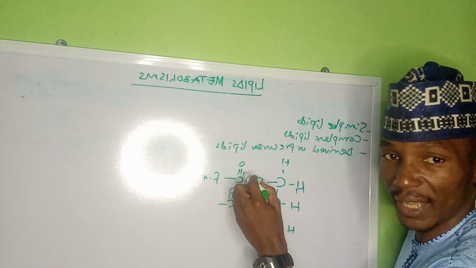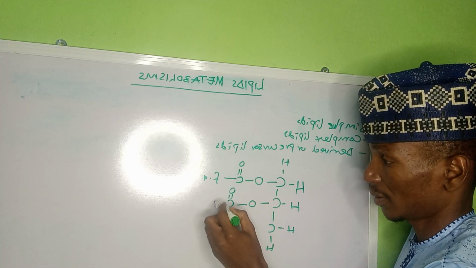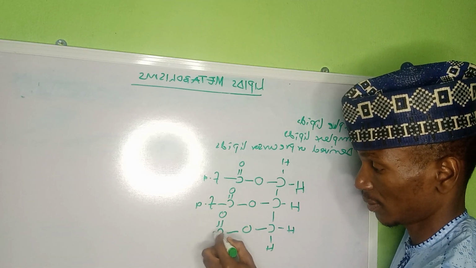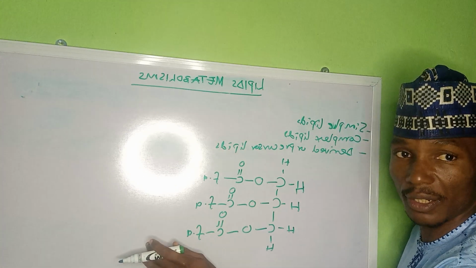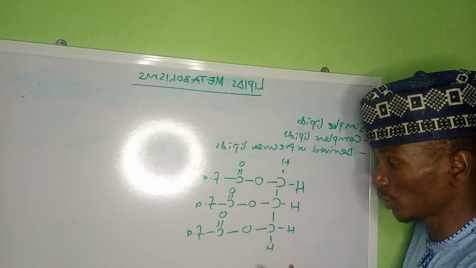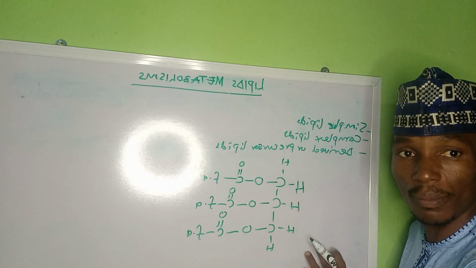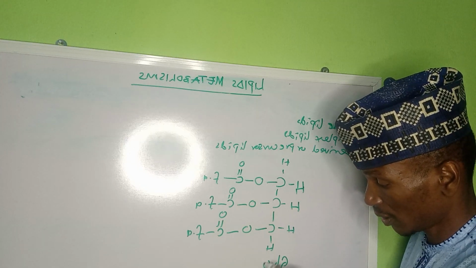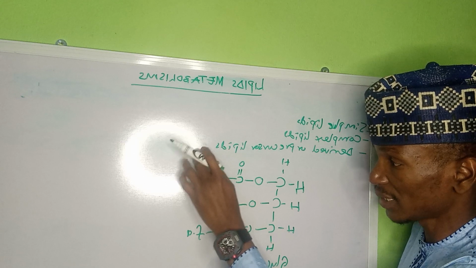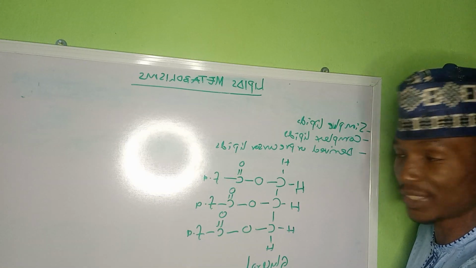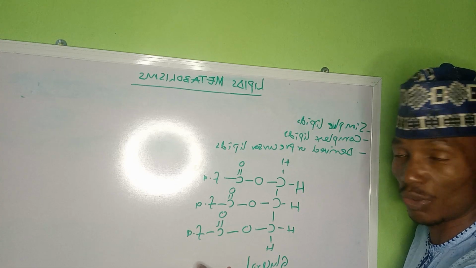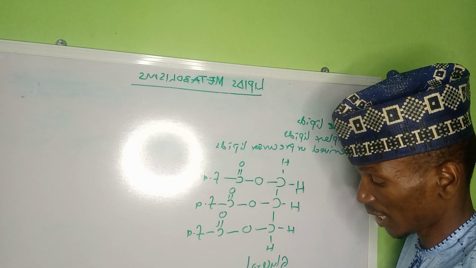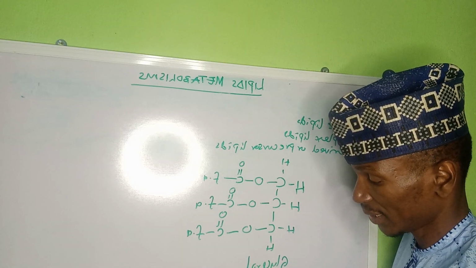This is the carboxylic acid group, which is the functional group of the acid. This is the fatty acid chain, and then this is the alcohol group, which is the tri-carbon alcohol, the glycerol. These are the carboxylic fatty acids that are attached to it to form what we call the triglyceride, which is the first class of the lipid, triglyceride.